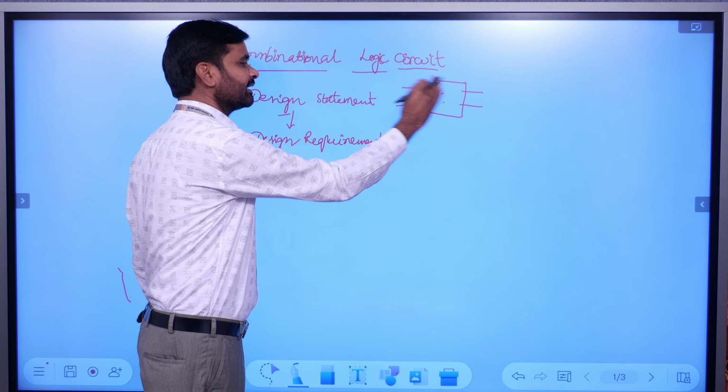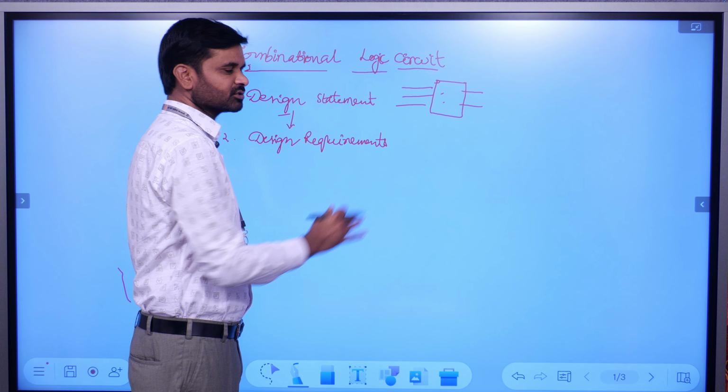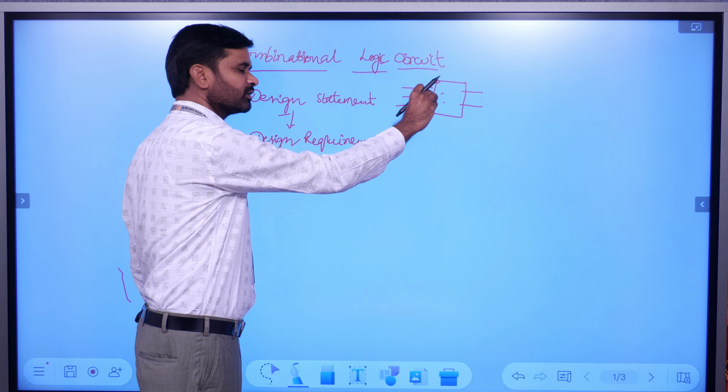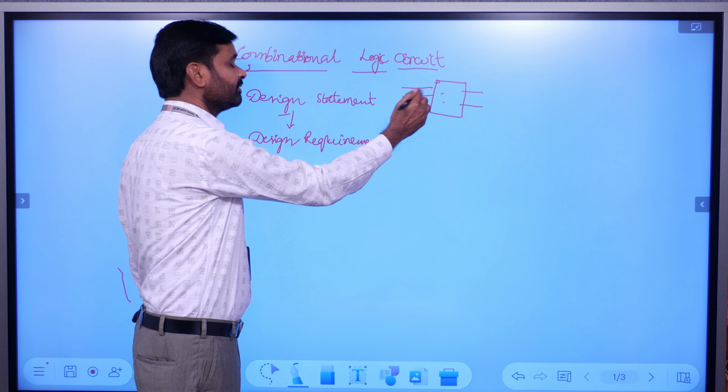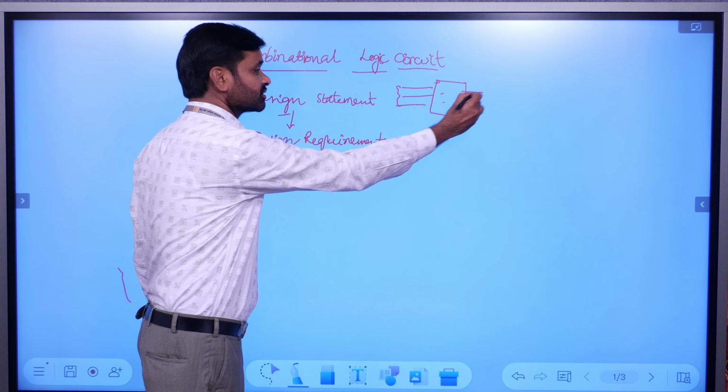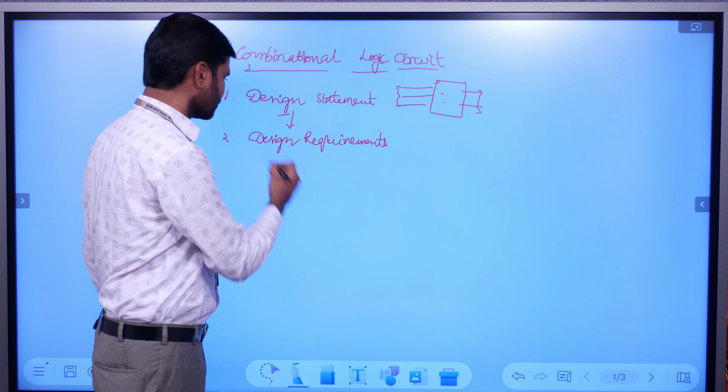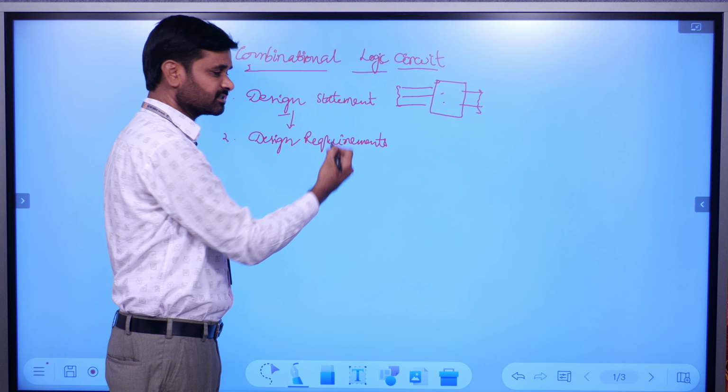So there will definitely be a relation between this output and input. We are not bothering about the internal circuitry of this combinational logic circuit, what it will have inside. But we will look at the number of inputs and the number of outputs. That is the design requirements or design specifications.